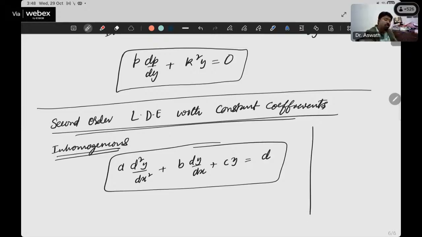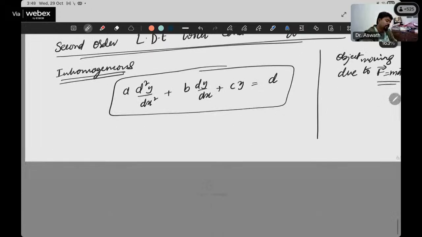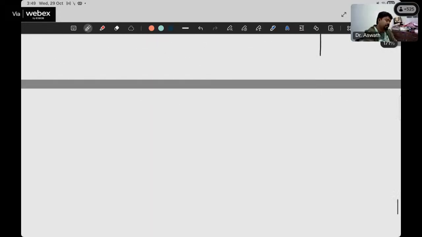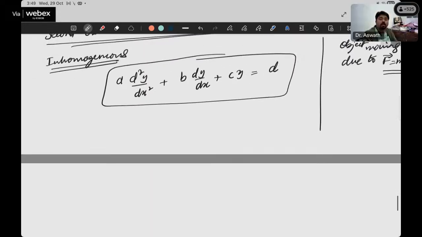A real world example, again, you can say a falling object or some object moving due to some force, where F is equal to ma. In fact, that is the simplest example for this kind of differential equation. Right.